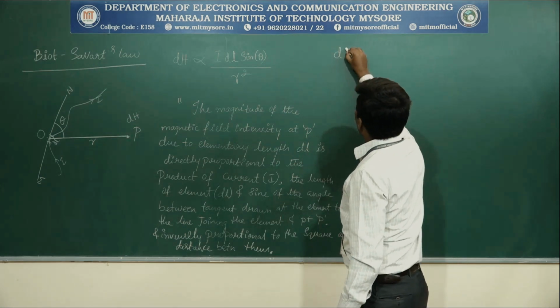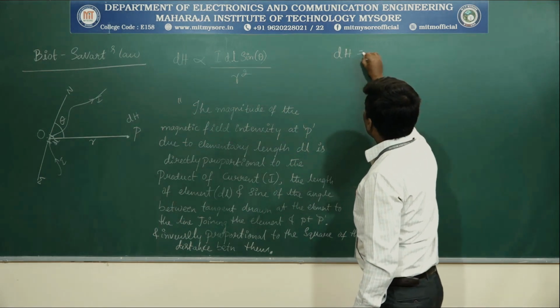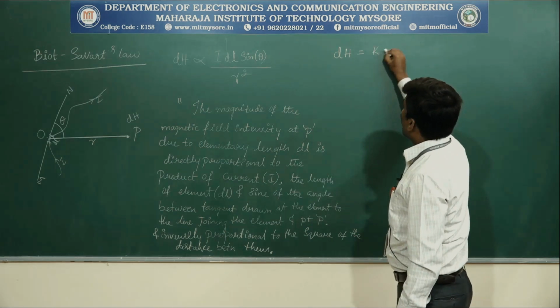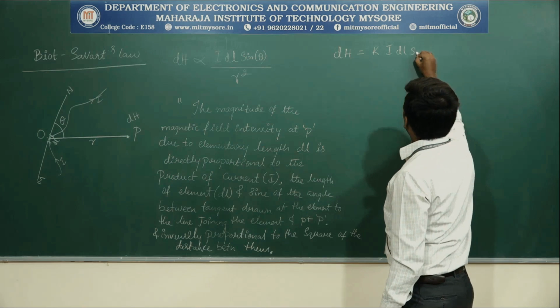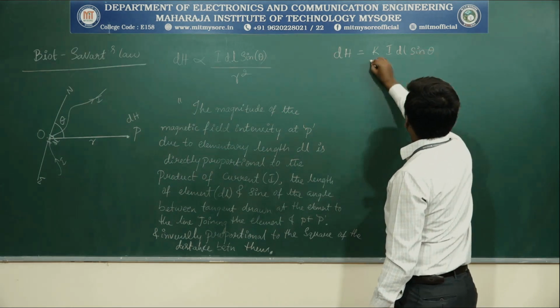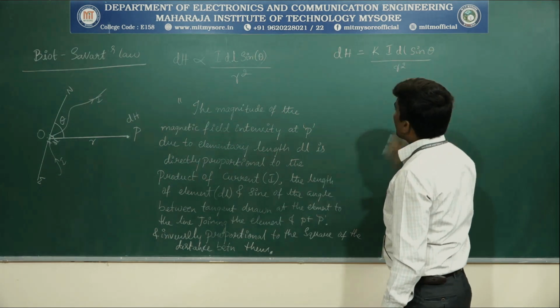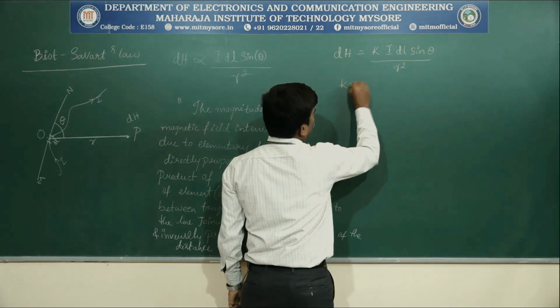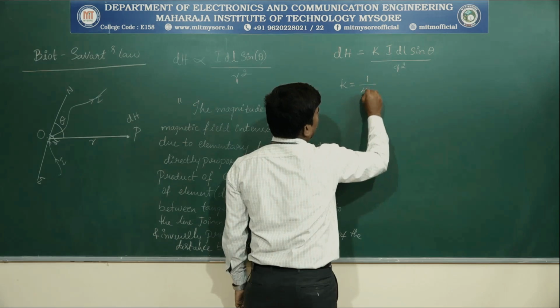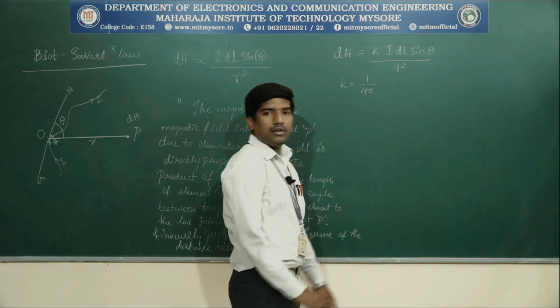This can be written as dH equals k times I dl sine theta divided by r squared, where k is the proportionality constant, equal to 1 by 4 pi.